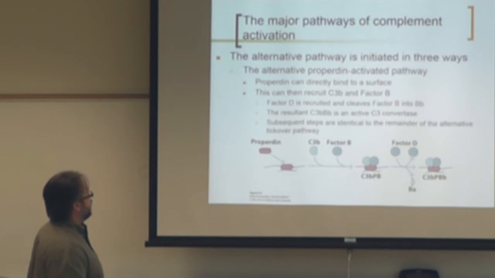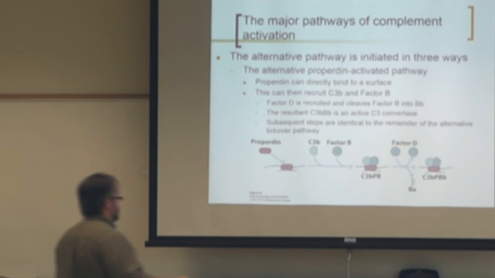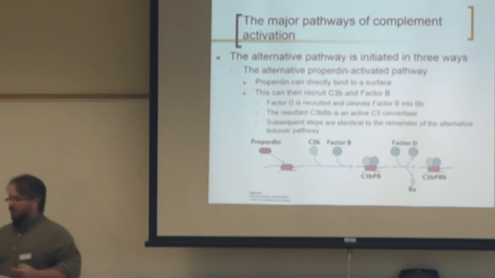Factor B is recruited, cleaved into Bb, and you now get this C3 convertase from the alternative pathway. And then subsequent steps are identical. So again, if that becomes a stable complex here, then that's going to just start the same pathway.